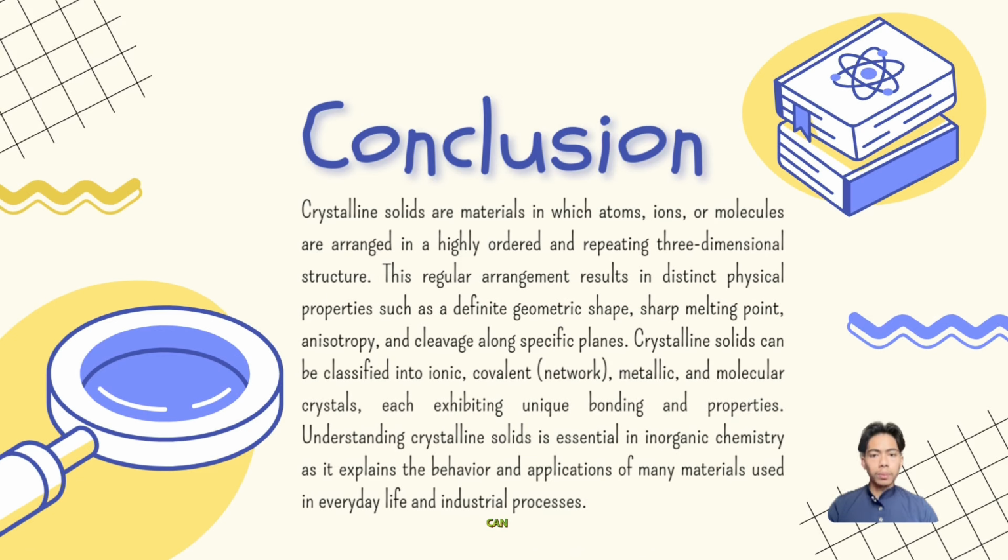Crystalline solids can be classified into ionic, covalent, metallic, and molecular crystals, each exhibiting unique bonding and properties. Understanding crystalline solids is essential in inorganic chemistry as it explains the behavior and application of many materials used in daily life and industrial processes.